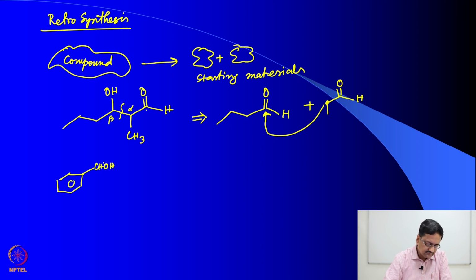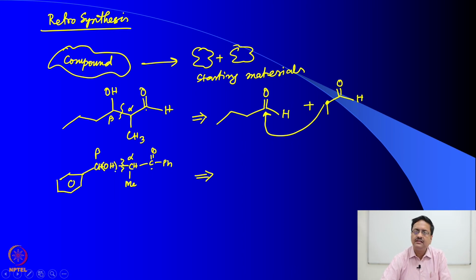Similarly, if I give you the compound like this, phenyl with CHOH, COPh, then what we see with respect to this carbon, this is the alpha and that is the beta hydroxy. So, this bond is supposed to be made during the aldol condensation.